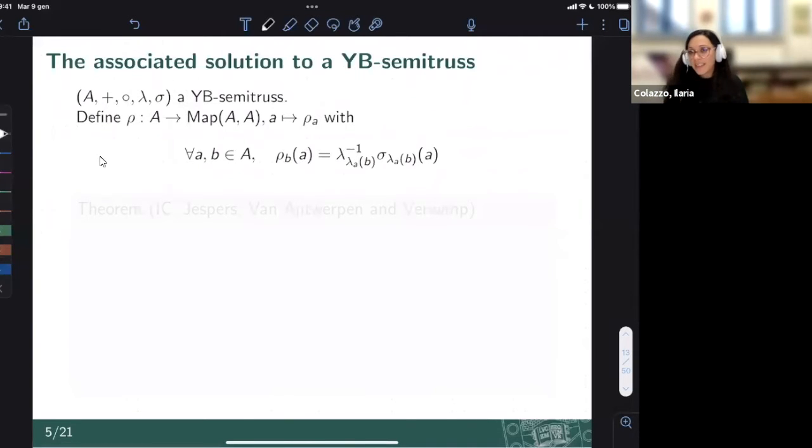Actually, this is in general the case, but this shows from my perspective that this is not so unexpected a definition.